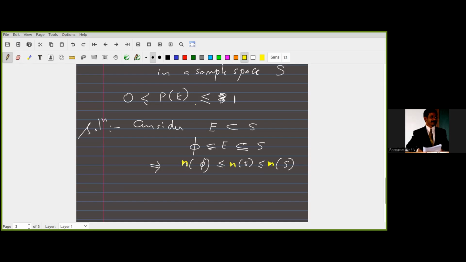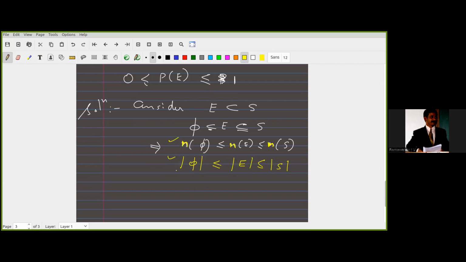Or sometimes we also write it as mod of the empty set. Mod here in the set theoretic sense means size of the set, the number of elements. So less than or equal to mod of E, less than or equal to mod of S. You can either write like this or like this. Both are okay. Same.